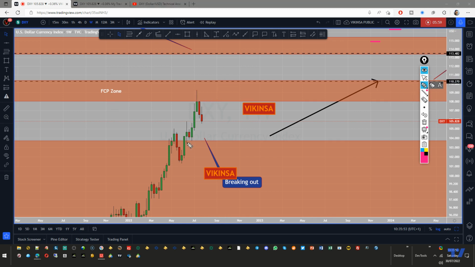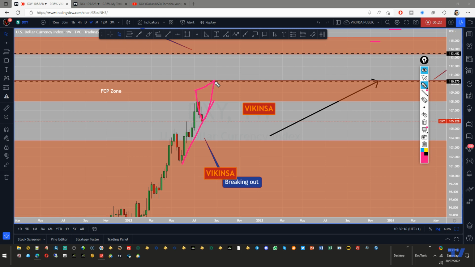So what I'm expecting is that if this trend line is held, then the market can create a divergence, a sort of double top. Because we will be in the FCP zone here, we will not be looking for long trades on DXY, which also means that even if you're not trading DXY, you can interpret that into your respective market.